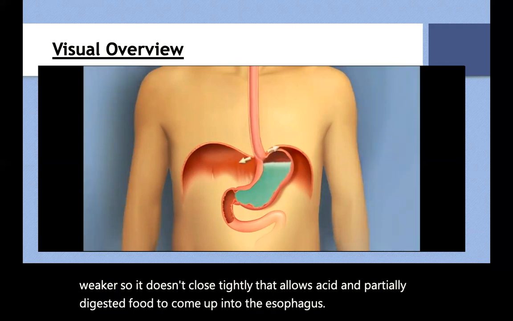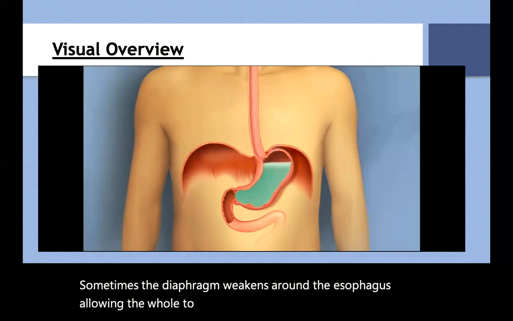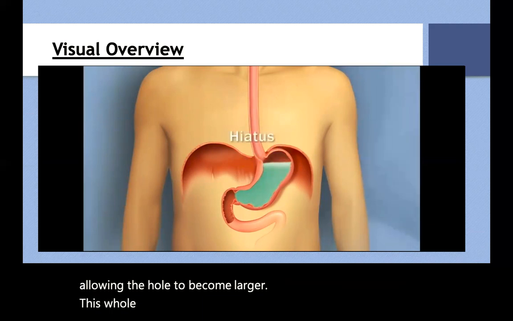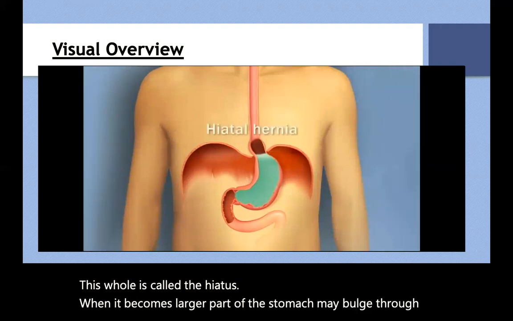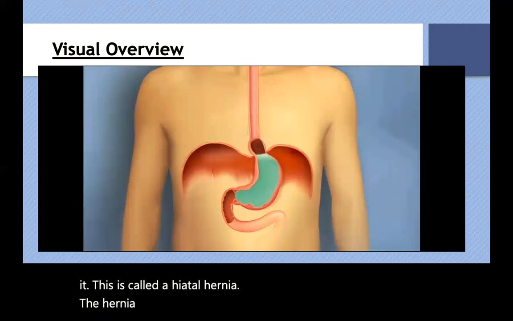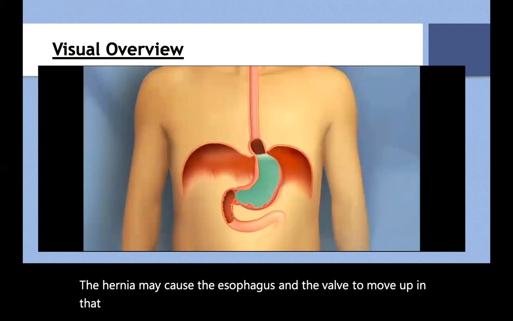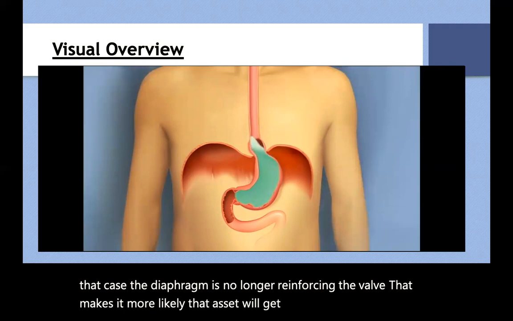Sometimes the diaphragm weakens around the esophagus, allowing the hole to become larger. This hole is called the hiatus. When it becomes larger, part of the stomach may bulge through it. This is called a hiatal hernia. The hernia may cause the esophagus and the valve to move up. In that case, the diaphragm is no longer reinforcing the valve. That makes it more likely that acid will get into the esophagus.